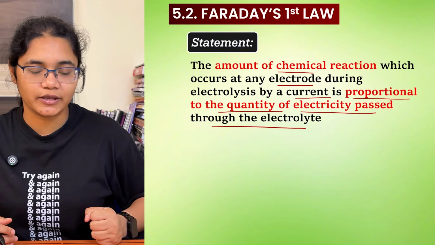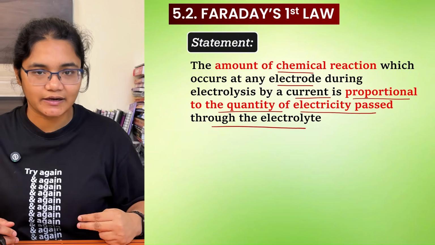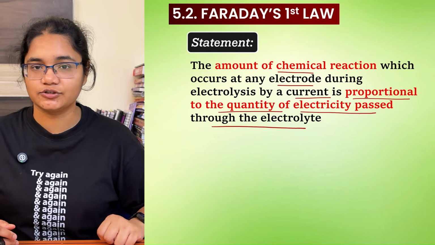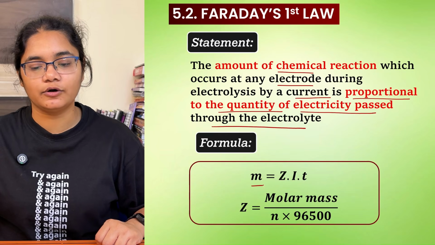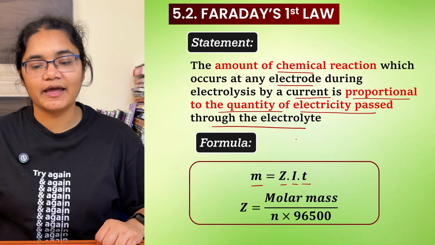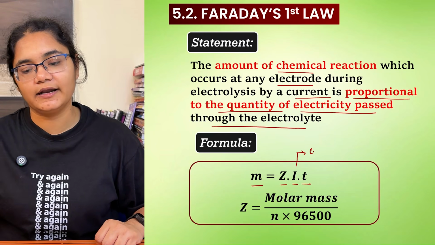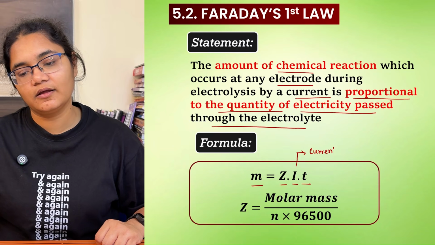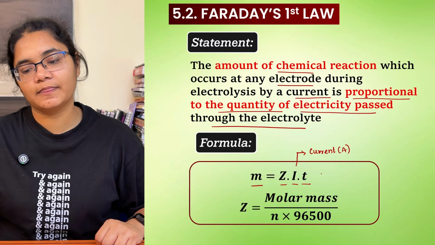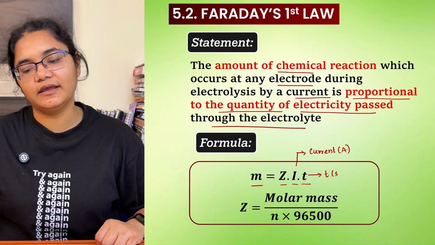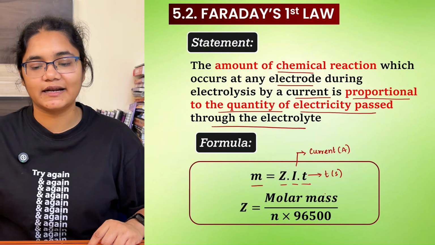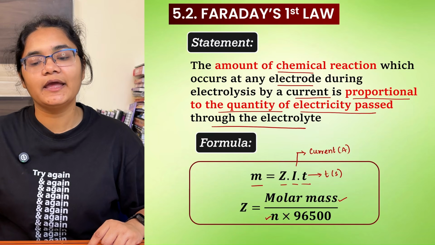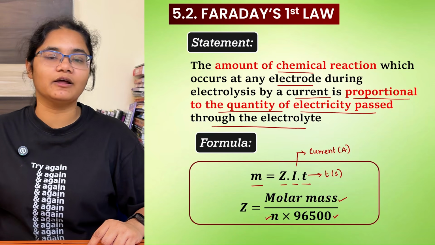If you have given more current, more reaction will take place. If you have given less current, then less reaction will take place. The formula is M is equal to ZIT, where I is current in amperes and T is time in seconds. And Z is the electrochemical equivalent, and Z is equal to molar mass divided by n into 96500.